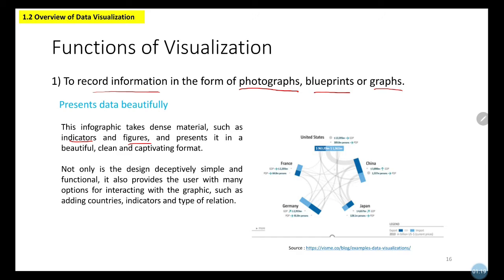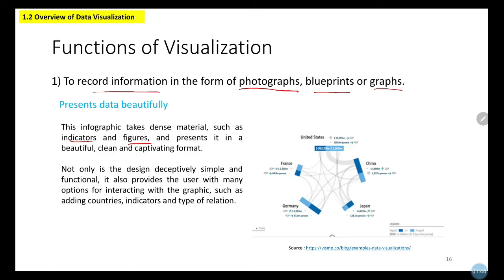This gray color also represents interaction among these countries, and the size of the line also represents some information. These are all visual design elements of a chart that we will learn later in chapter 4.